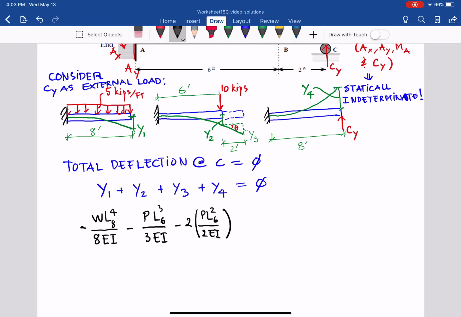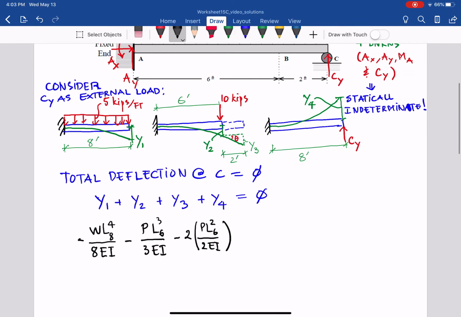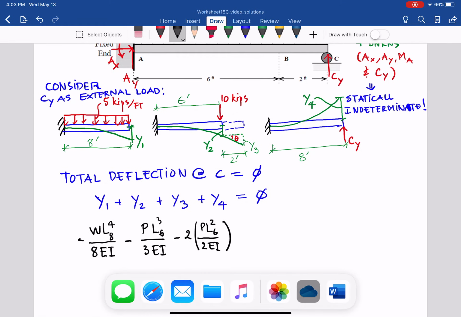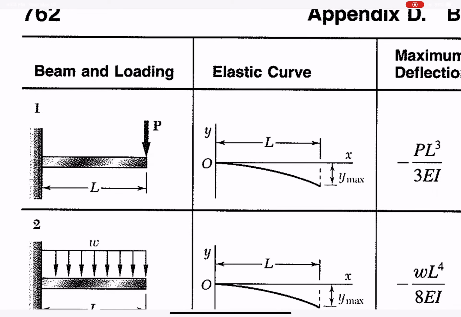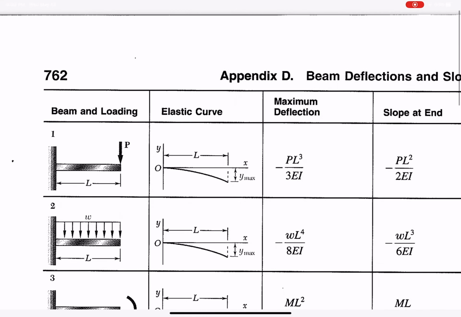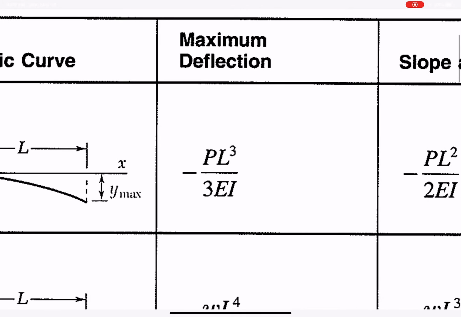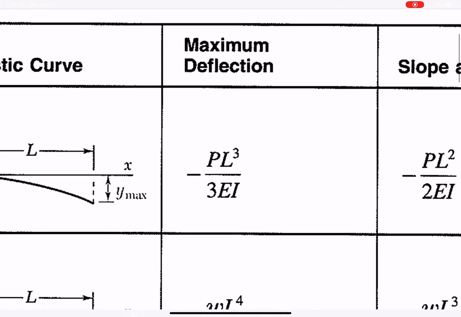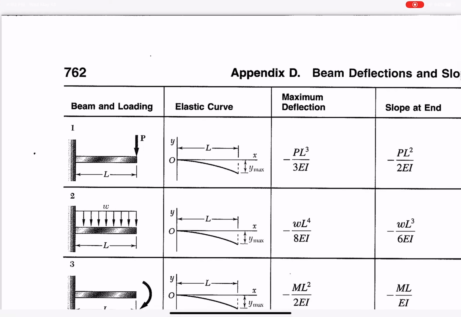And then CY, considering the load at the end, we can use figure number 1 here, but the load is going up, so it becomes positive. Maximum deflection y4 equals negative PL^3 over 3EI. So go back here.